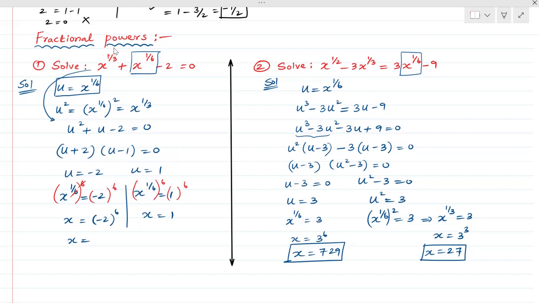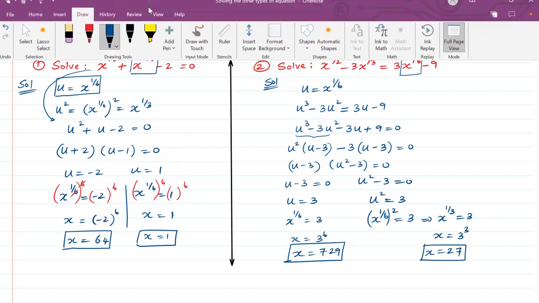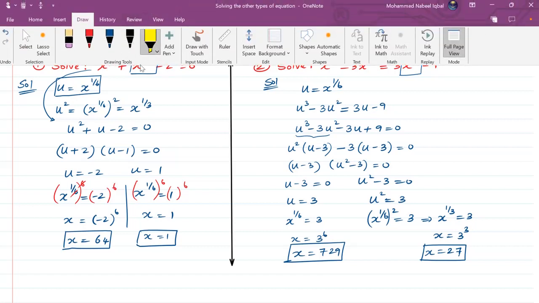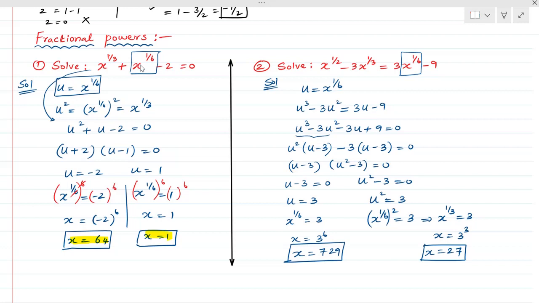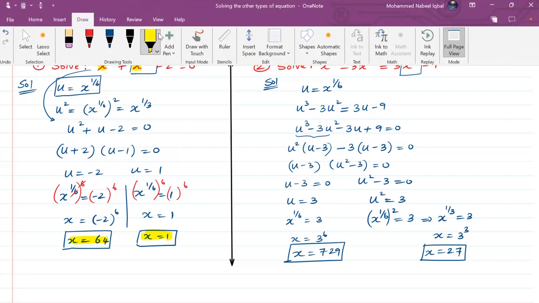Why positive? Because it is a positive value here, 64. So x is equal 64 and x is equal 1. In order to check whether these values are right or wrong, I will check this part. When I substitute this value in the given equation, I have to get 0.